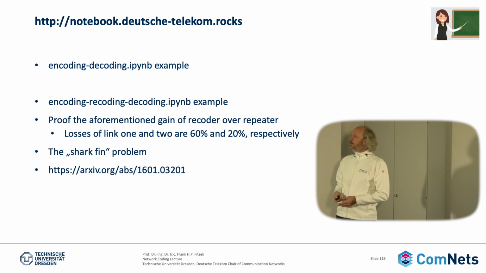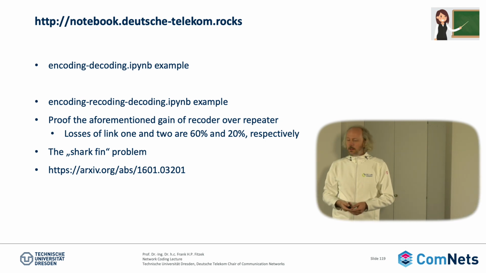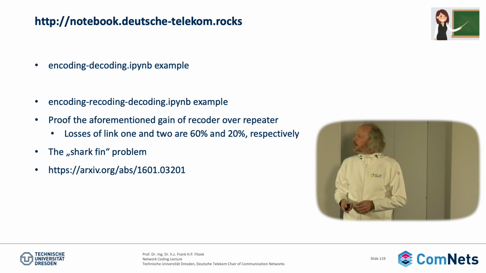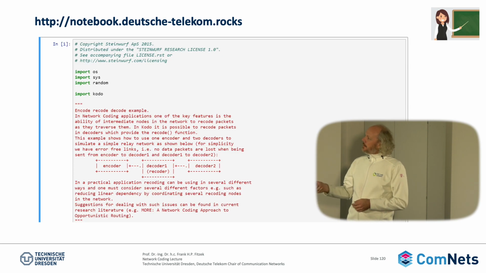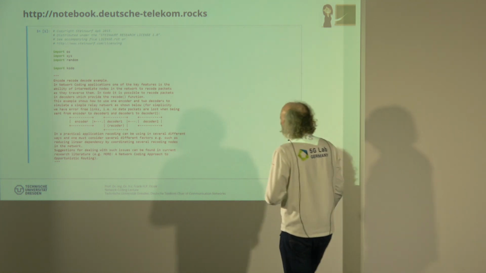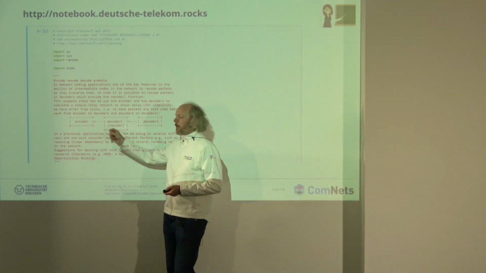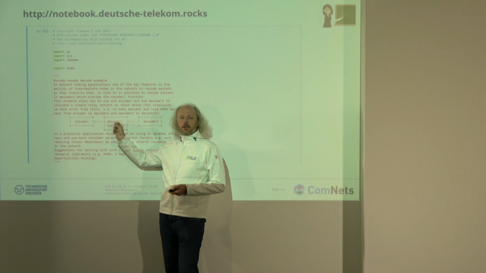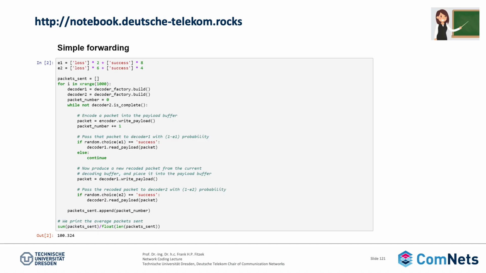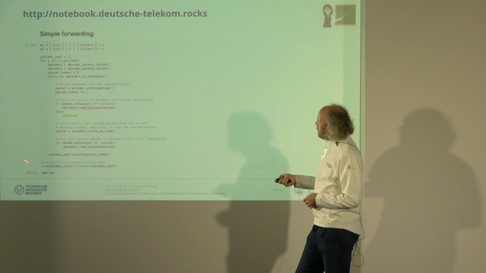Now, again, as an example, you can go and play around with that. Here you see the idea, you have an encoder and a decoder. The only thing you have to know, we don't have something called a recoder. So a decoder acts actually as a recoder, in Kodo language, so to speak. And what we do then is we do a simple forwarding.